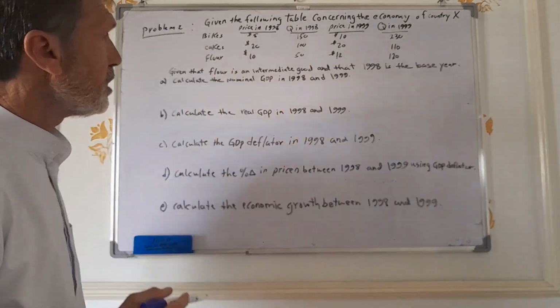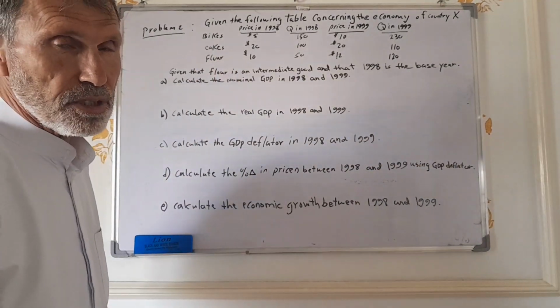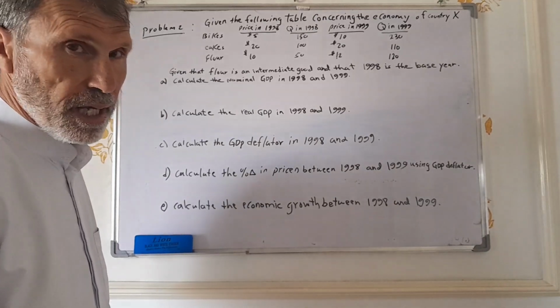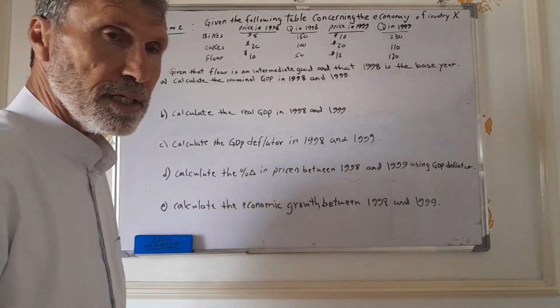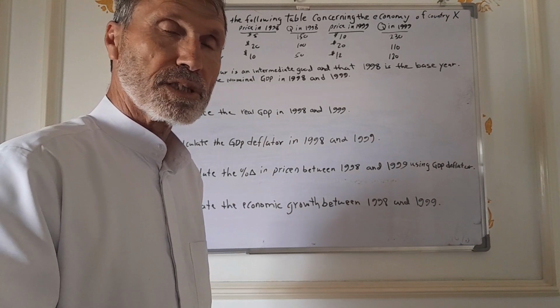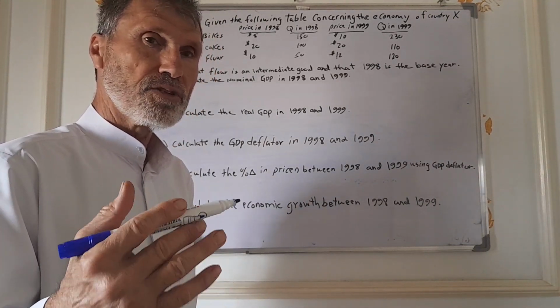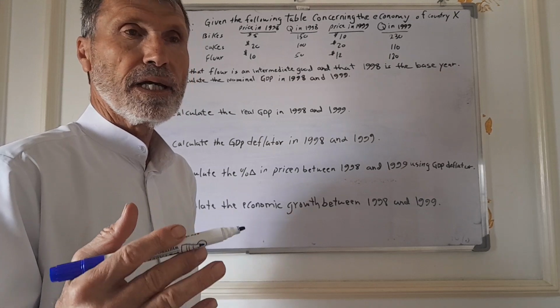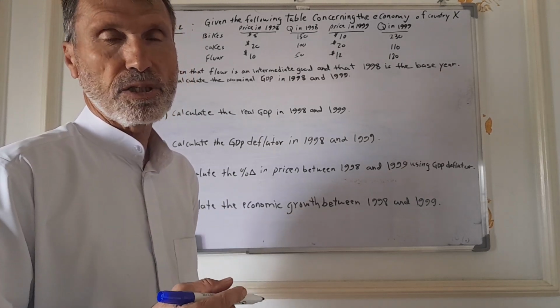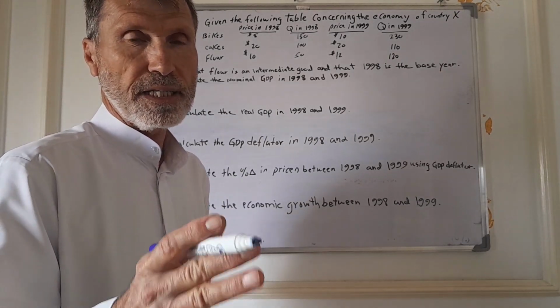Now, he's telling you that flour is an intermediate good, which means that it does not enter into the production of final goods. Therefore, when we measure the value of GDP, we exclude flour from the calculation because it is an intermediate good.